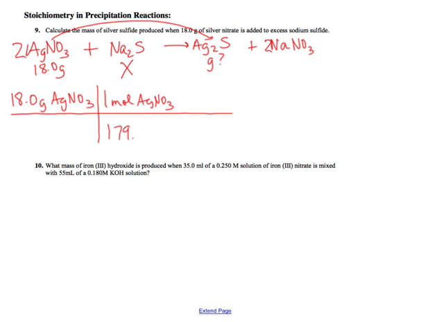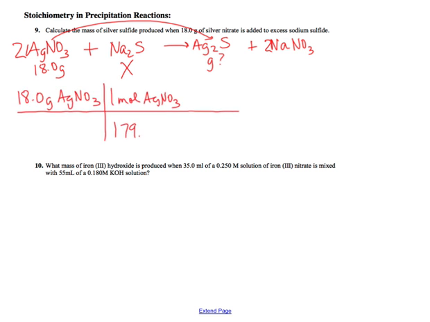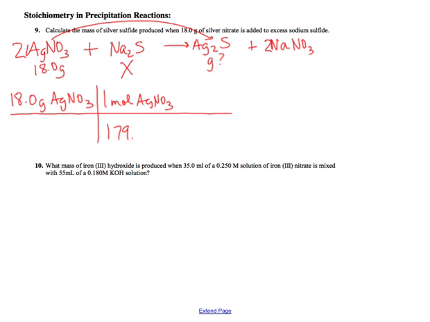Point what? Oh, no, my finger's not an eraser anymore. All right, here it is. 169.88 grams. So my grams of silver nitrate cancel, leaving me with moles.